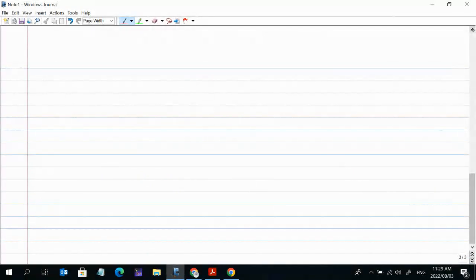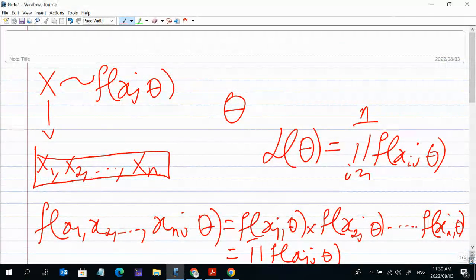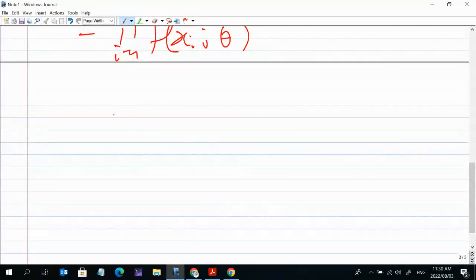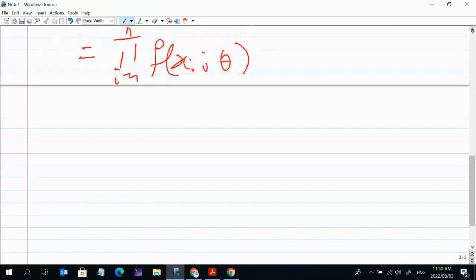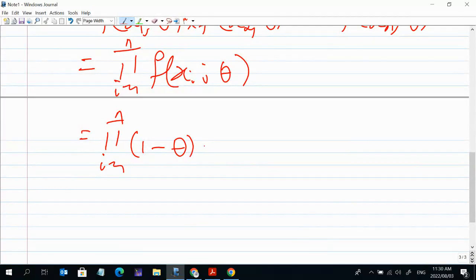Now we have our f of x, which is 1 minus theta times xi to the power minus theta.